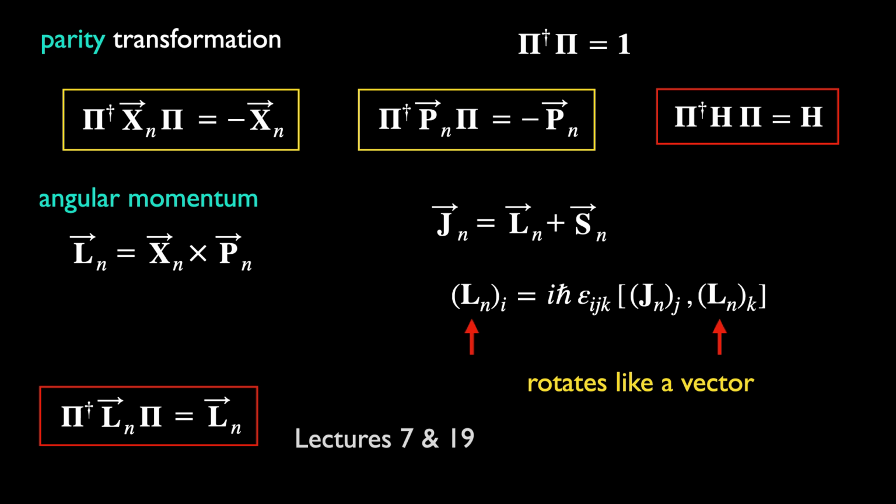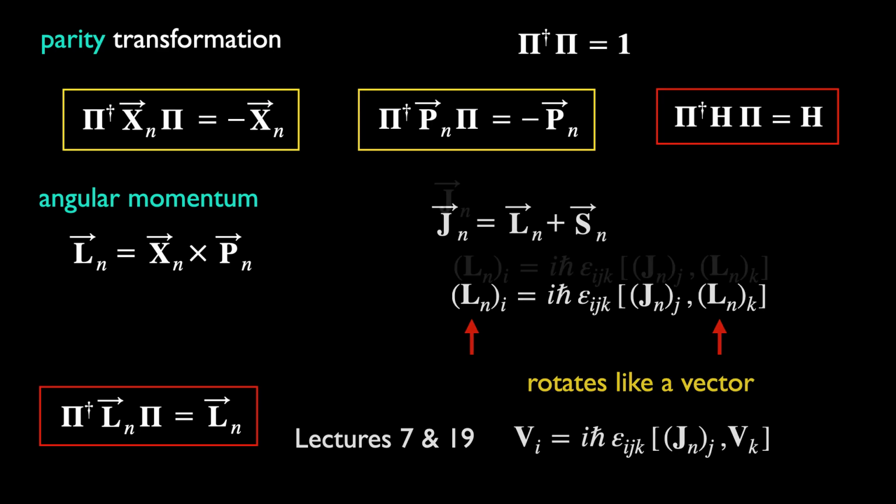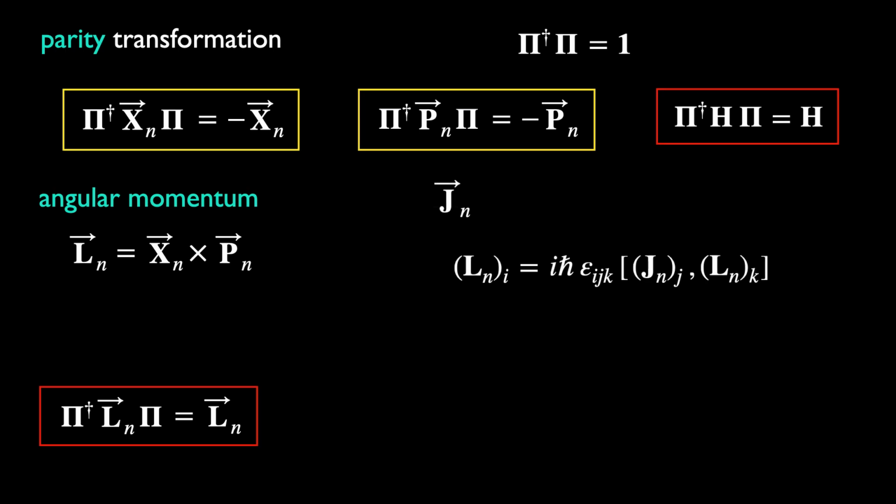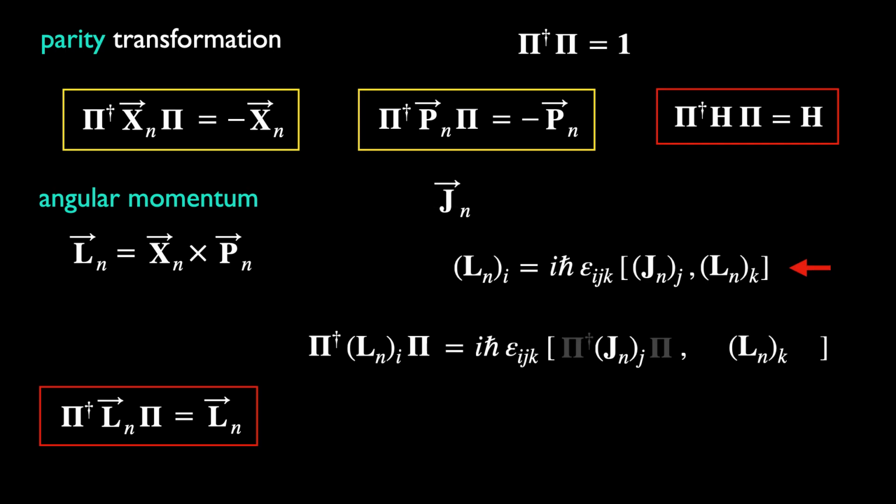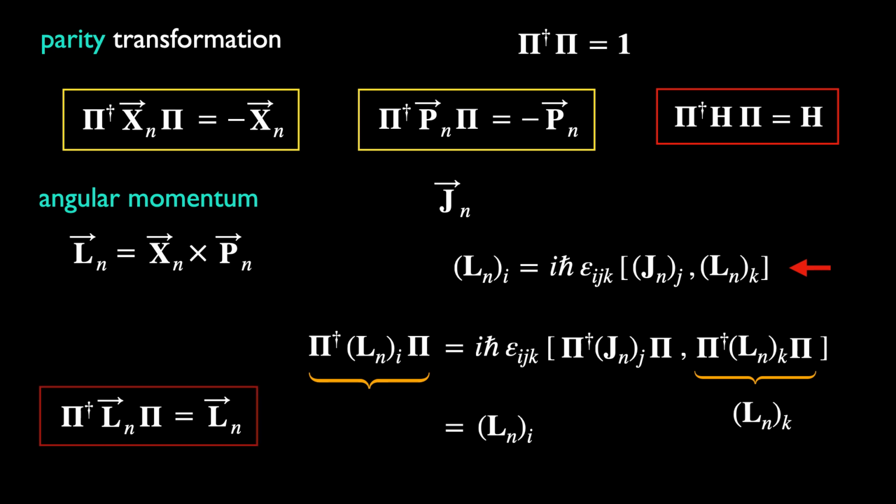Recall that back in lectures 7 and 19, we have shown that any vector observable, V, of a particle must satisfy such a commutation relation with the total angular momentum, in order that it rotates like a vector. We can then apply the parity transformation to both sides of this equation. Since L is invariant under this transformation, this means J must also be invariant.